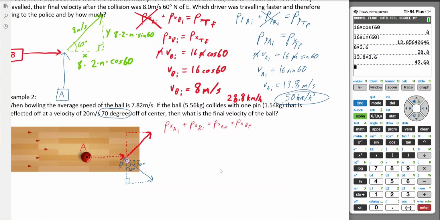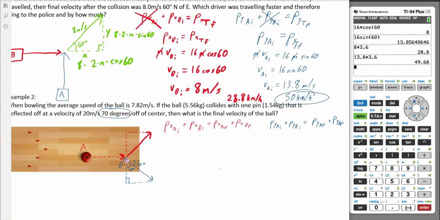Now we're going to try the Y direction. So PYAI plus PYBI equals PYAF plus PYBF. Okay, so there's the setup for both the x and the y direction.